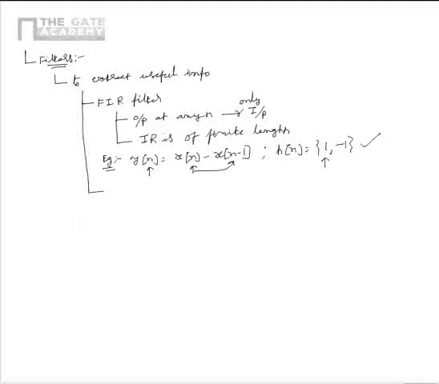Now, let us look into another category of the filters, that is the IIR filter. In this case, the output y of n at any instant depends on input as well as output. Also, in this case, impulse response will have infinite length.